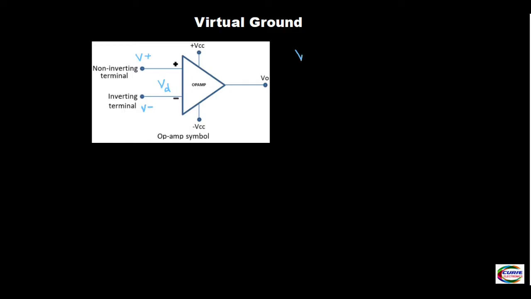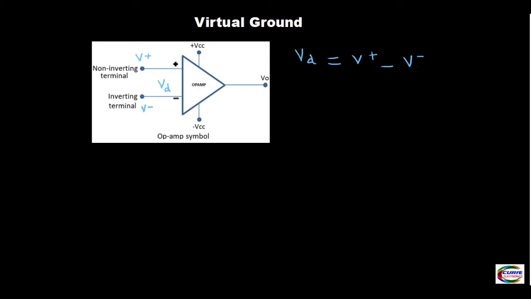Vd equals V plus minus V minus. That is the differential voltage at the input.